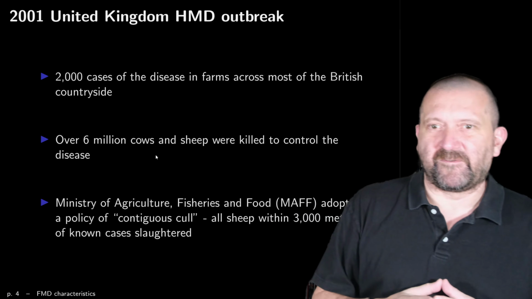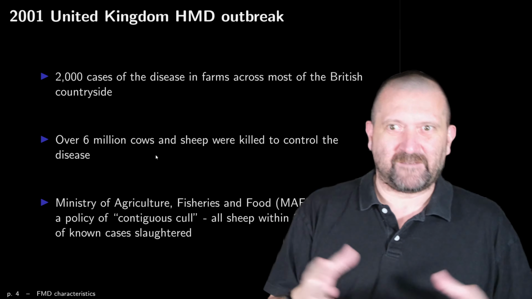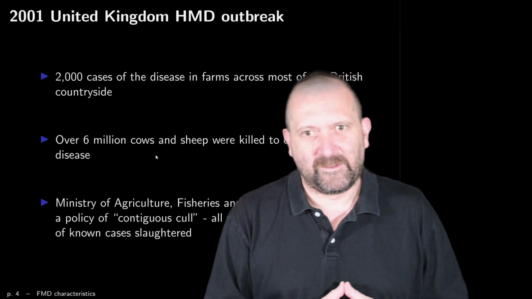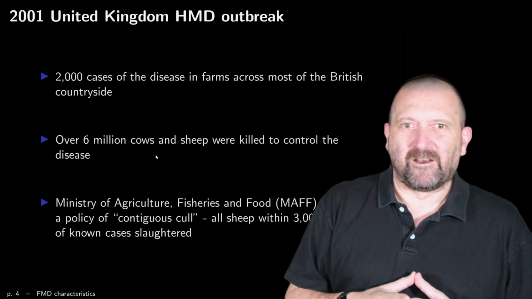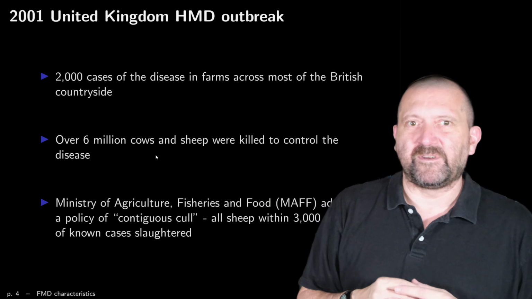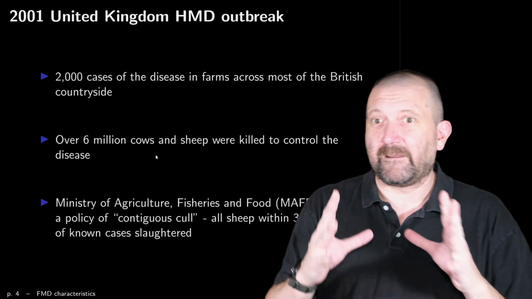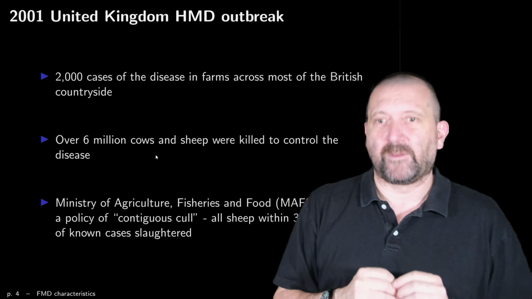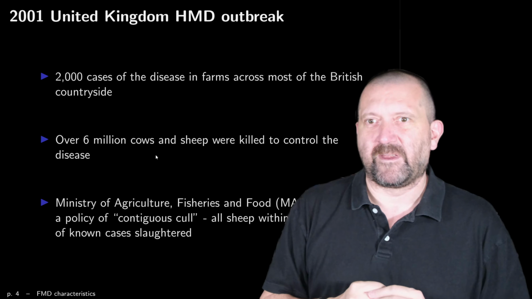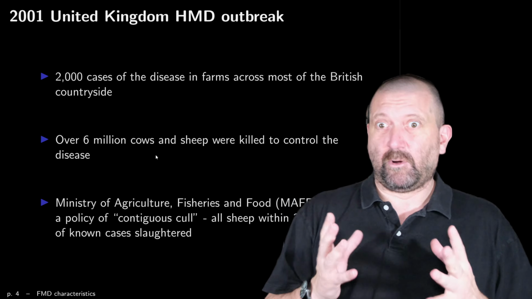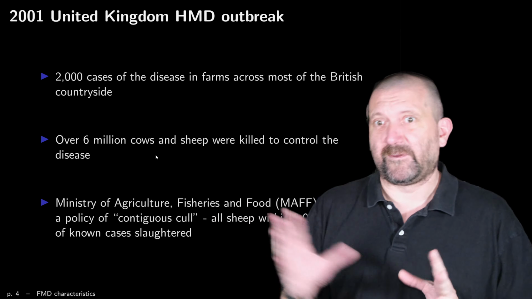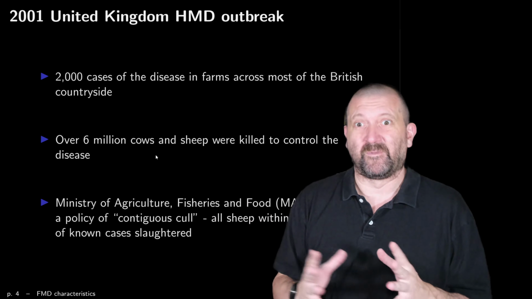Again, this is part of the lecture that I gave as an introduction to diseases of livestock. I remind you that there were about 2,000 cases in the UK, and the reason I highlight the UK 2001 outbreak is that you will see that a lot of models are actually pertinent to this outbreak.